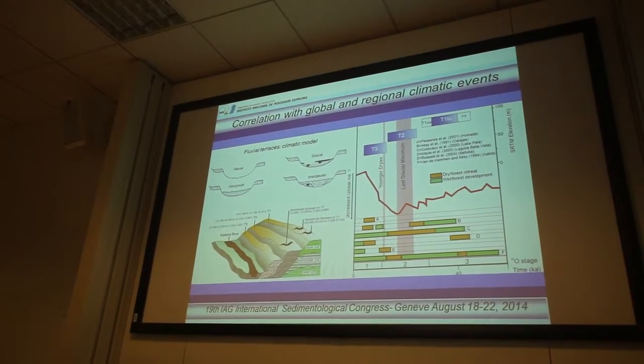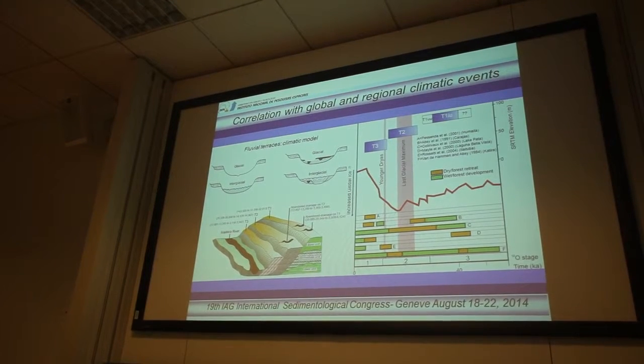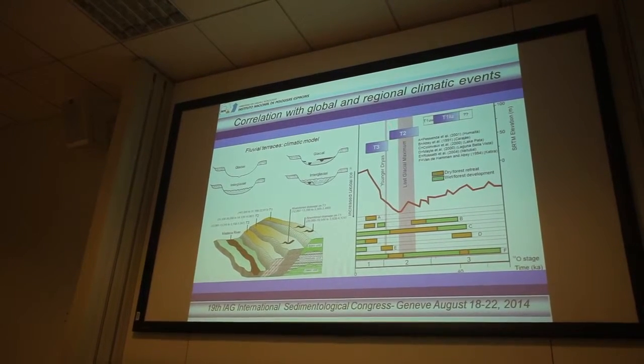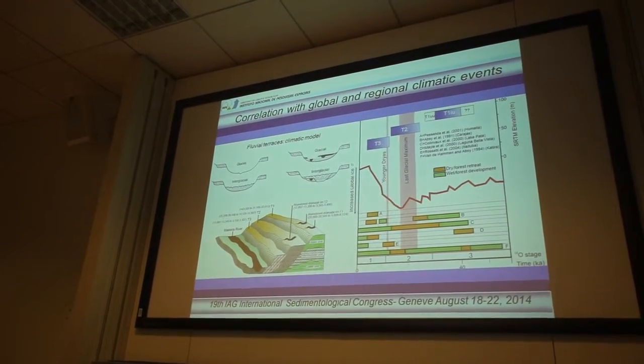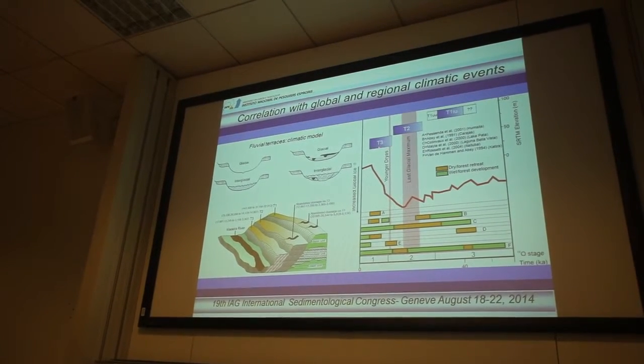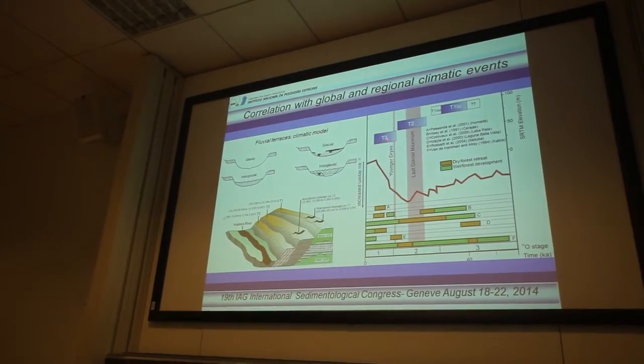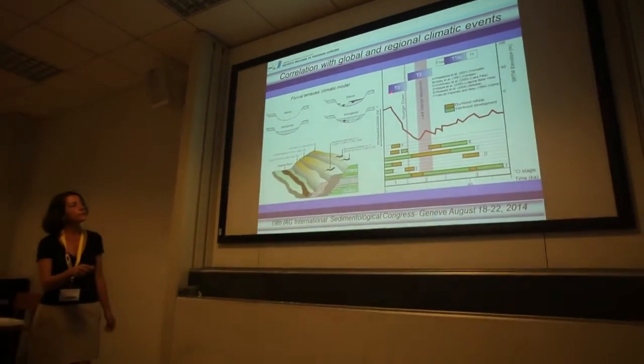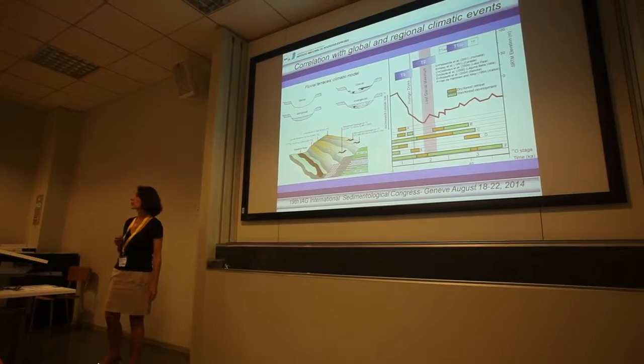If you take a look at terrace T3, it's the same, because here we have the Younger Dryas taking place, and terrace formation started a little earlier than that, and then the sedimentation continued up to the late Holocene.